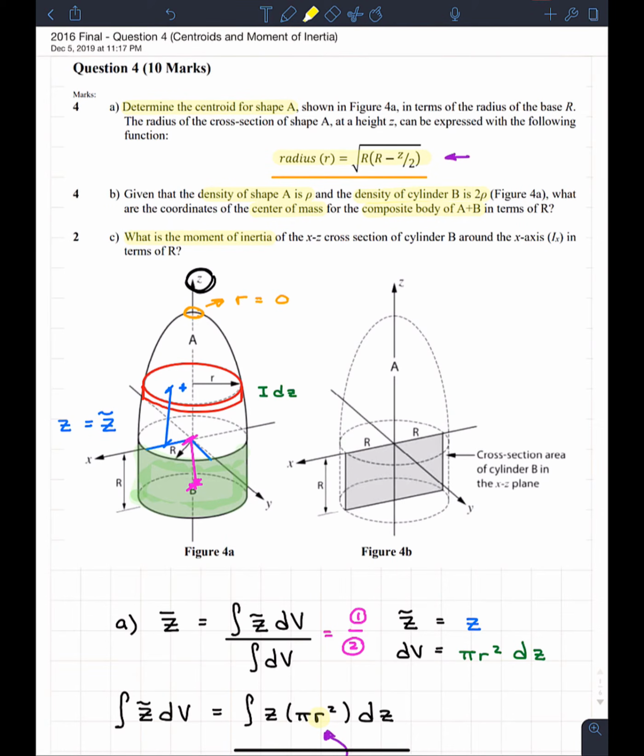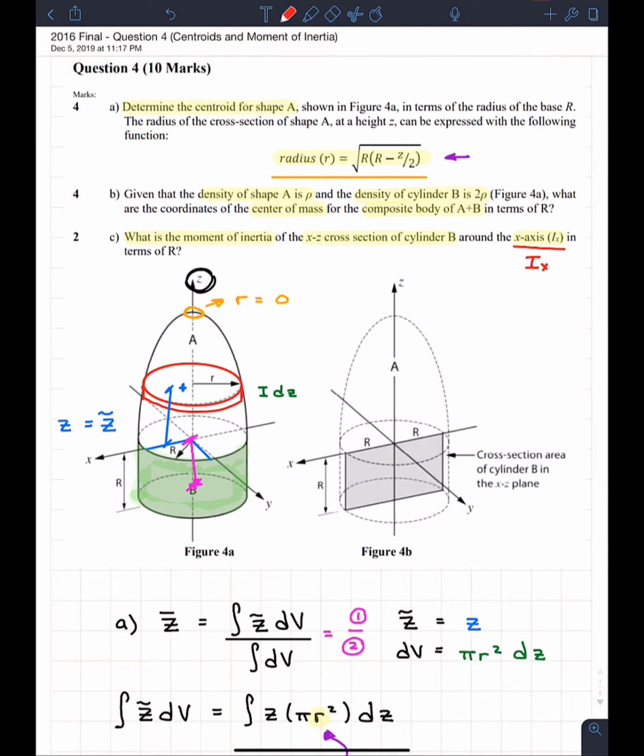However, it's very important that you read the rest of the question. It says of the XZ cross section of cylinder B around the x-axis. This is important because it tells us two things. The first one is at the end where it says it wants Ix. That's very nice because it tells us exactly what formula we need to use.